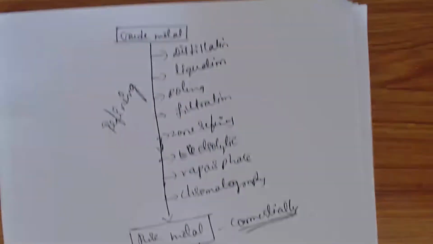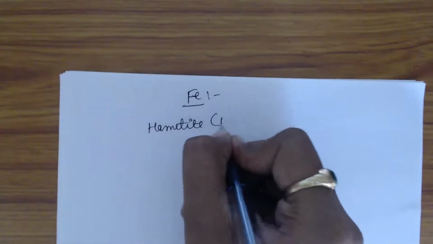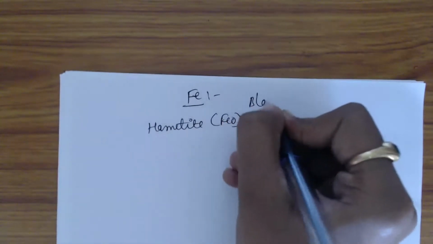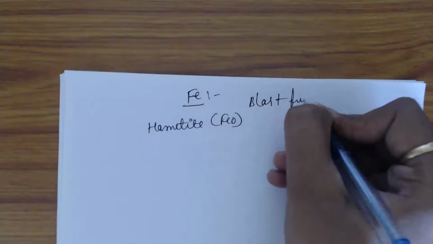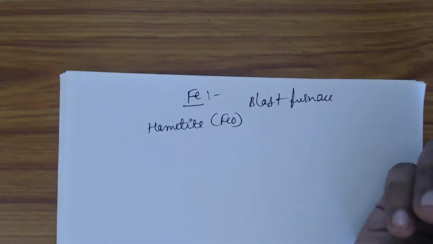Okay, next, extraction of iron. For iron, we'll choose hematite ore, Fe2O3. This uses the blast furnace, which is important for 3 marks, you know that.